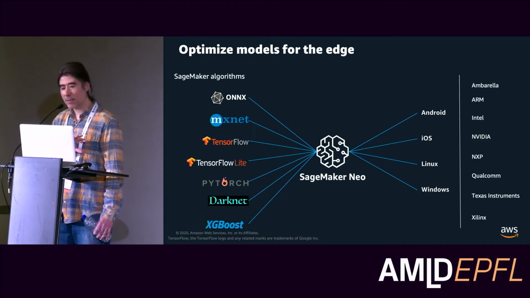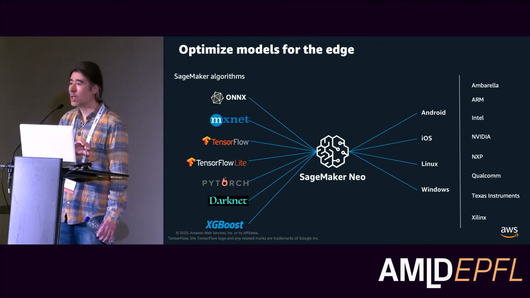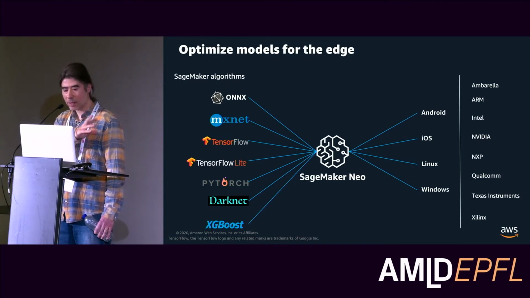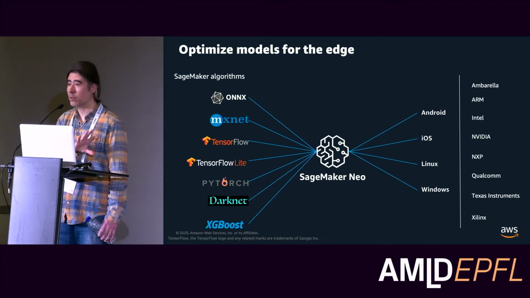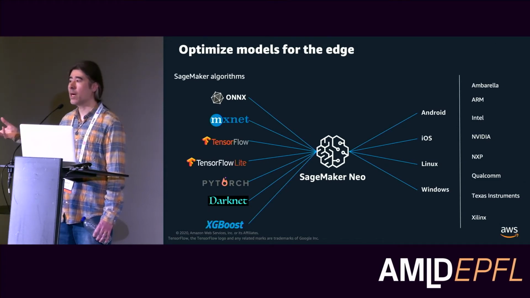So it basically translates the original model. This model was trained using TensorFlow, the UNet semantic segmentation, and it doesn't matter which one of these frameworks the customers are using, you can translate this model and optimize for a combination of target platforms.